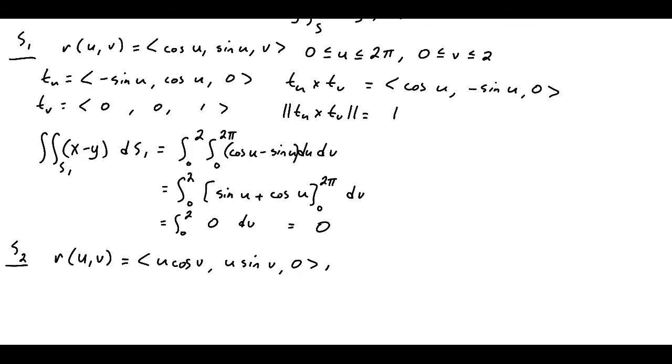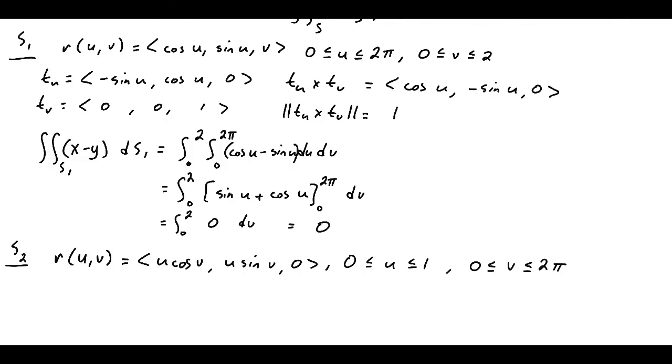Now that is going to be restricted 0 less than or equal to u less than or equal to 1 and 0 less than or equal to v less than or equal to 2 pi, because again, our radius goes from the inside to the outside, 0 to 1, and we go in a complete circle of 0 to 2 pi.